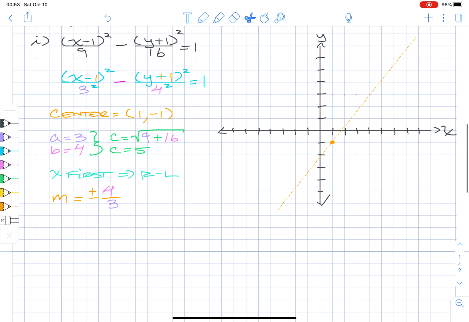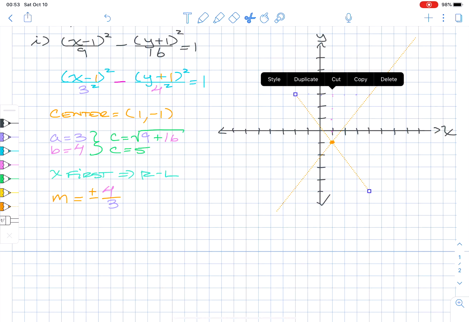My other asymptote will be rise 4, run a negative 3. So I'll rise 1, 2, 3, 4, run a negative 3. 1, 2, 3. Okay, so my other asymptote will look something like so. But let's make this a bit longer.